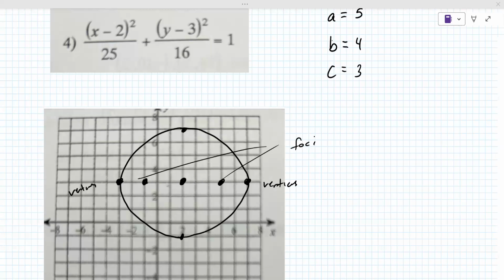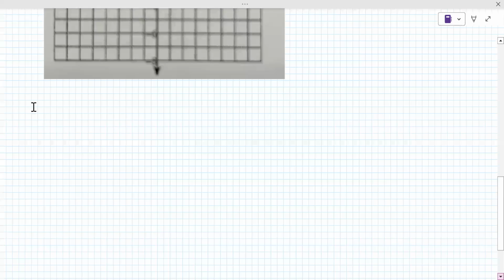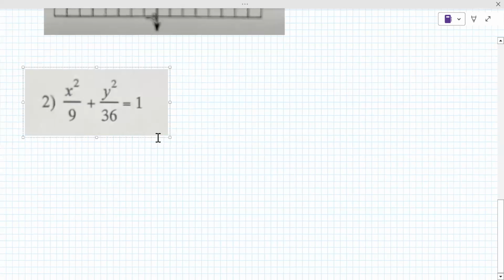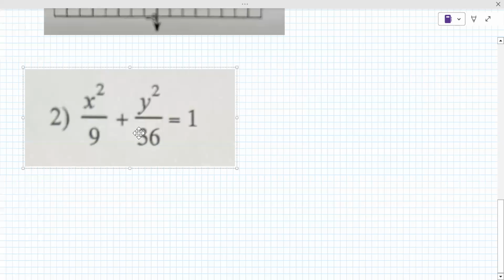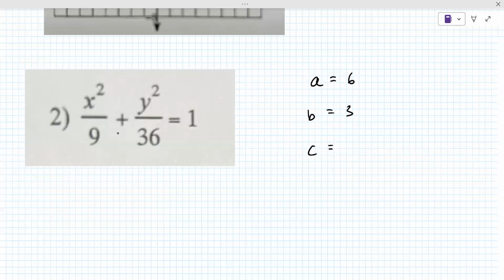All right, it's the same thing here. Very formula intense here, but that's okay. You're going to be able to figure it out here. So the bigger number is 36 this time. So A is 6, B is 3, and then you have to find C. So A squared equals B squared plus C squared.